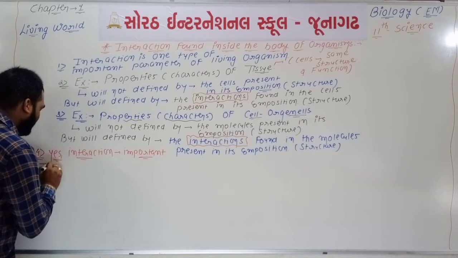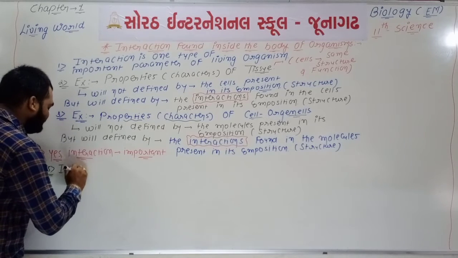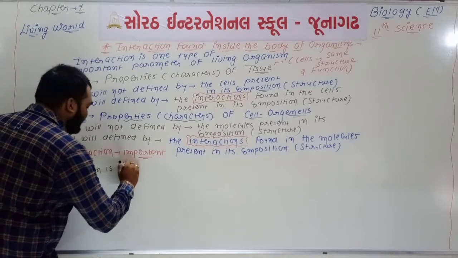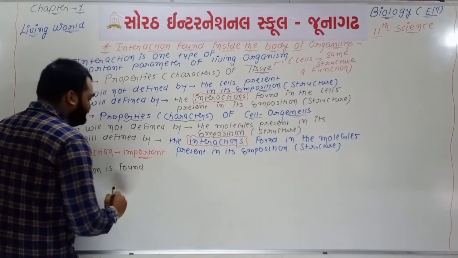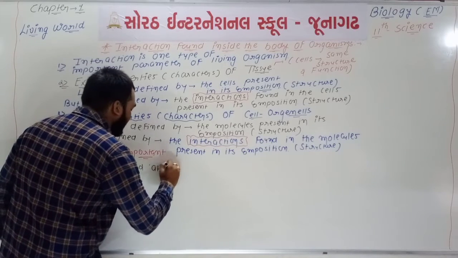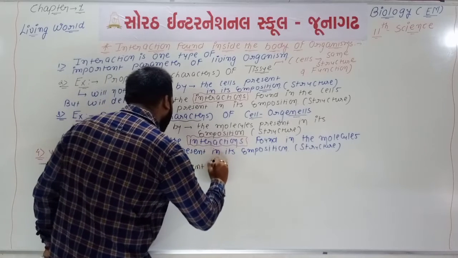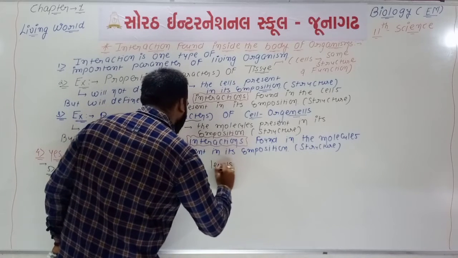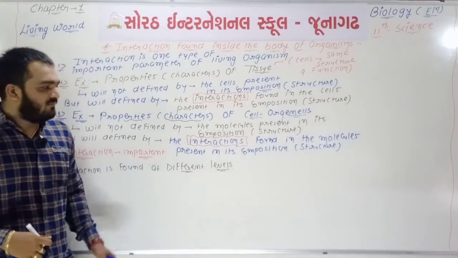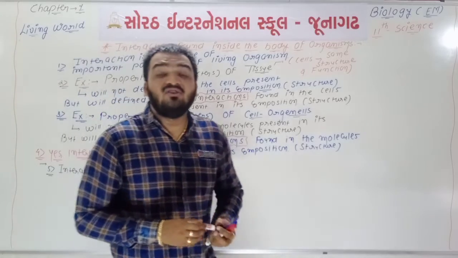Now see, if we talk about the next point, number 5, we can say that interaction is found at different levels. If we talk about the lower level, meaning the cells, then you know that inside the cell interaction is found.